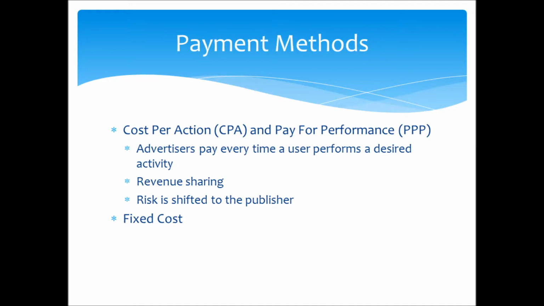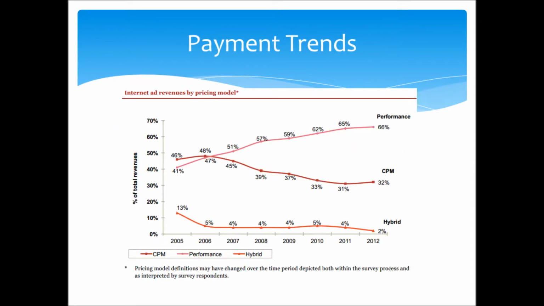The whole goal here is to provide some incentive for the publisher to ensure that traffic is being driven to the advertiser's site. The risk here is shifted to the publisher because if the desired outcome is not reached, the publisher does not earn revenue. Over the years, the preferred compensation method has shifted from cost per impression, cost per mille, to pay for performance and cost per click.